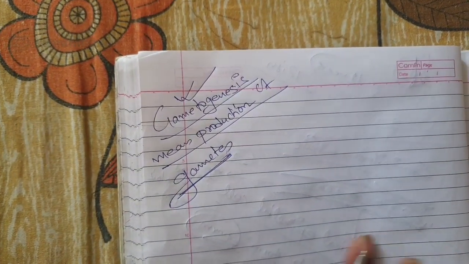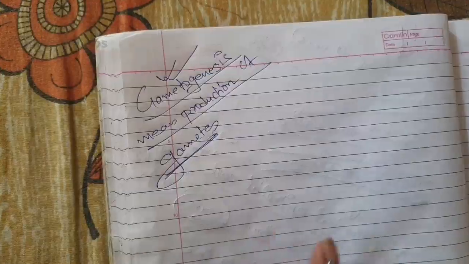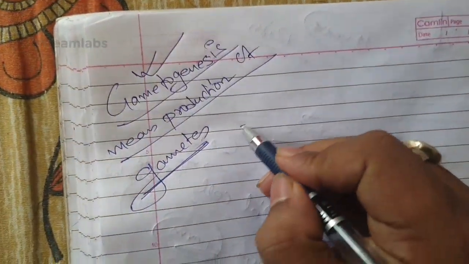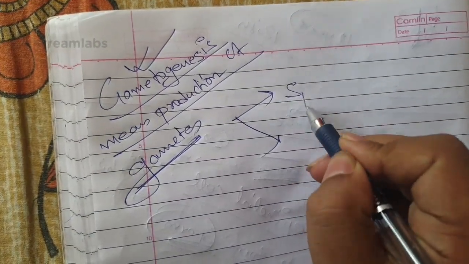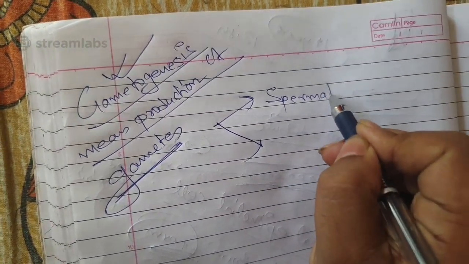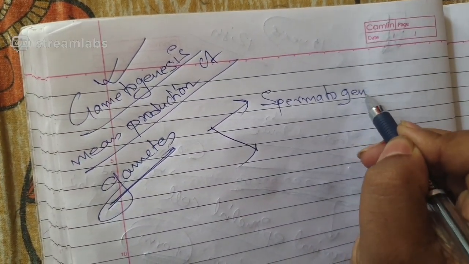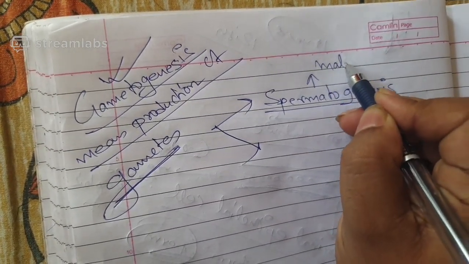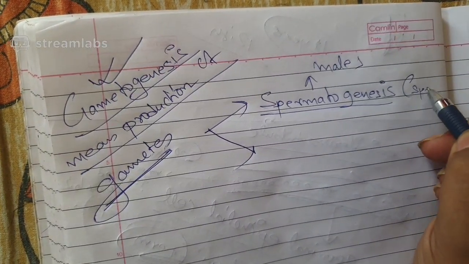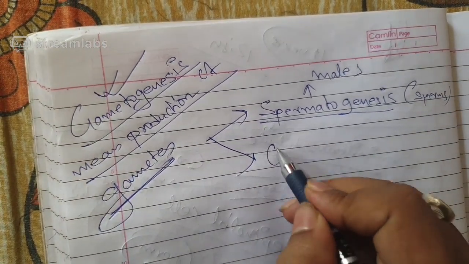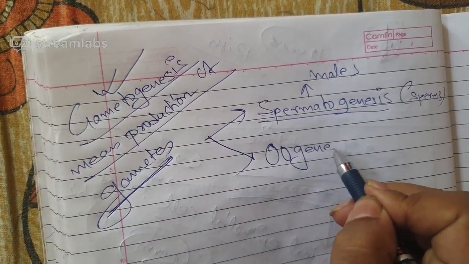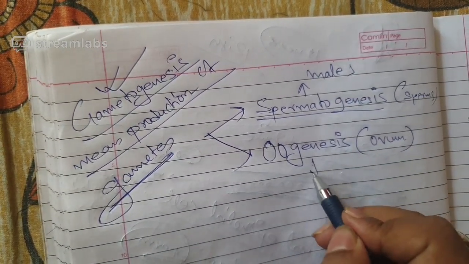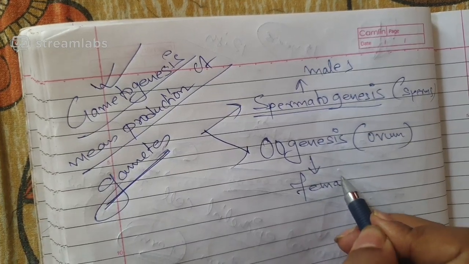Now, when the term gametogenesis means the production of gametes, it is divided into two parts: spermatogenesis, that is production of sperms in case of males, and oogenesis, that is production of ovum in case of females.